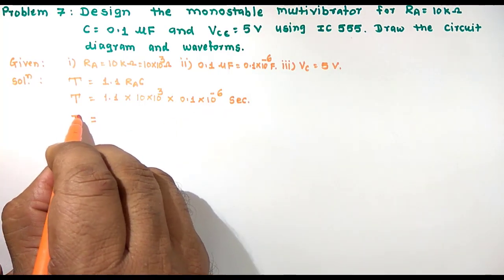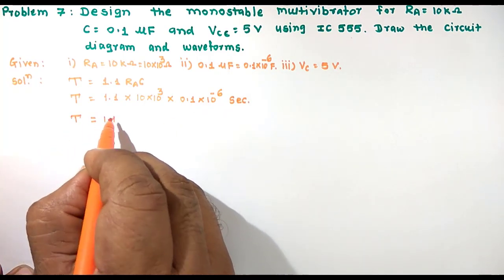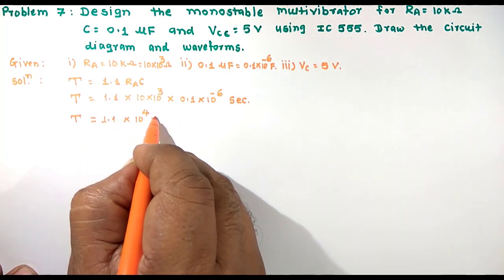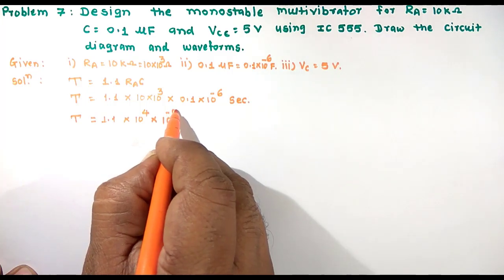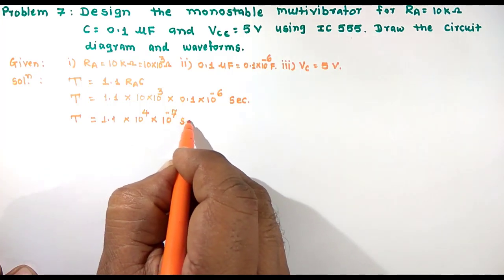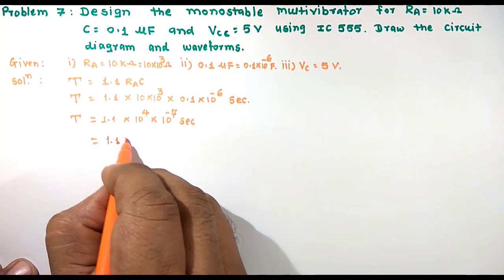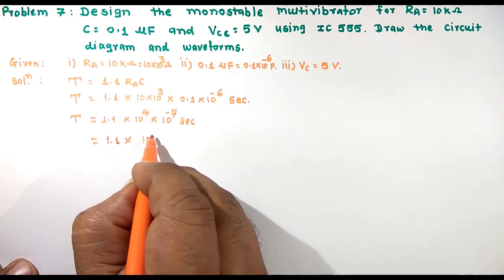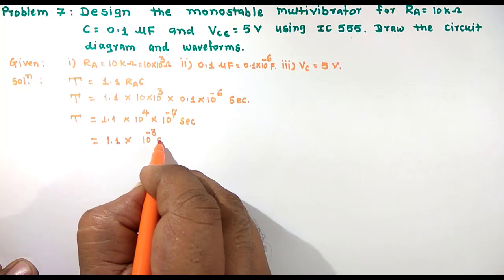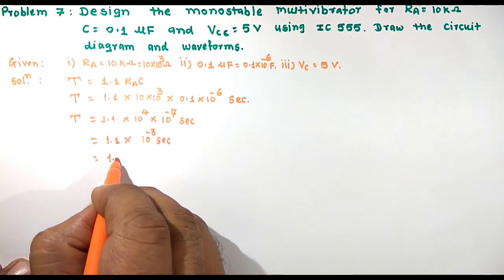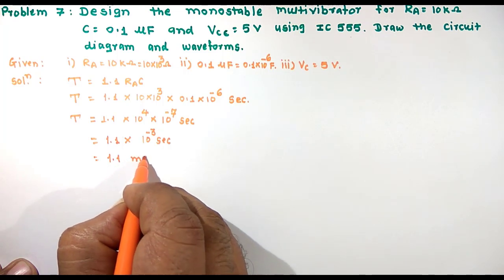So T is equal to 1.1 into 10 raised to 4 into 10 raised to minus 7. So it is 1.1 into 10 raised to minus 3 second. Or you can say it is 1.1 millisecond.